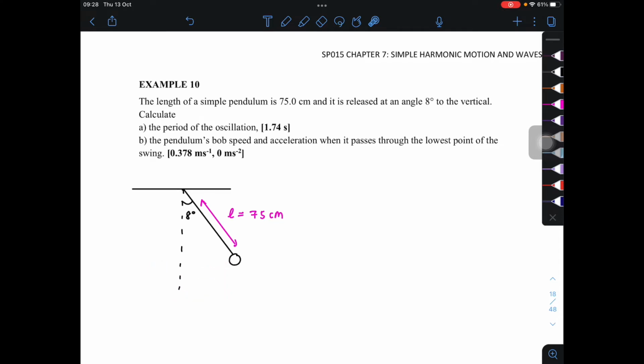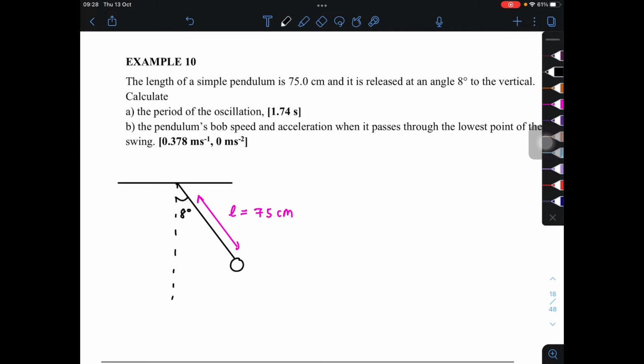Now we want to calculate what is the period of the oscillation. So first question, we want to find what is T. So kita ada satu formula sahaja to find the period untuk pendulum, which is 2 pi the square root of L divided by g.